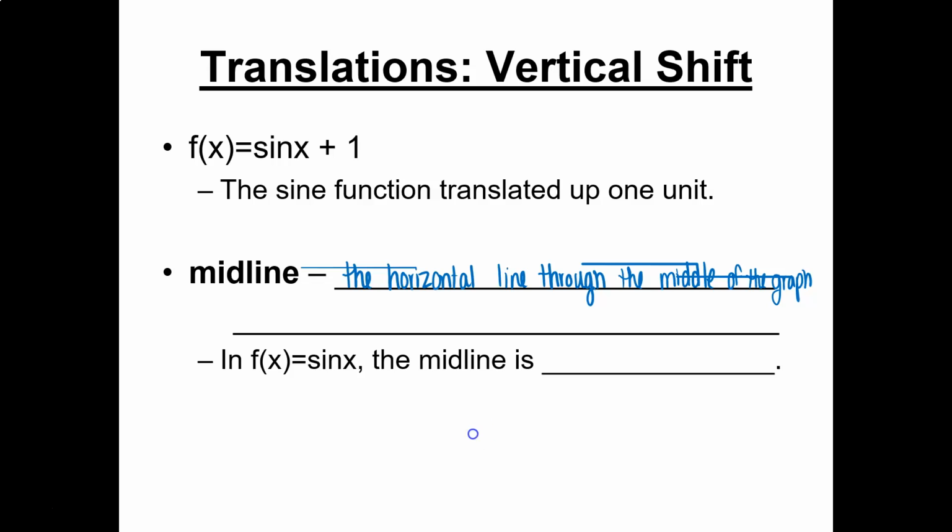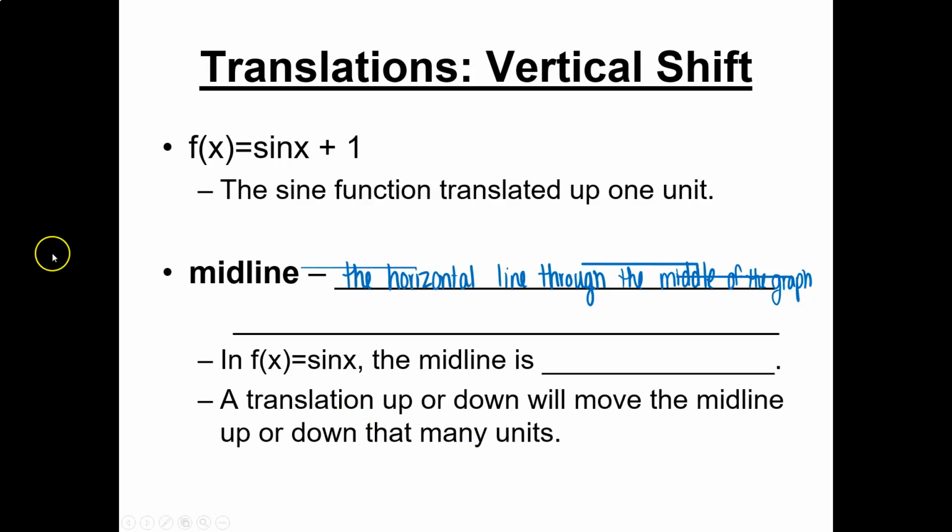So in our function sine of x that we just graphed, what is our midline there? What line? What equals 0? Y equals 0, which is our x-axis. So a translation up or down is going to move the midline up or down.